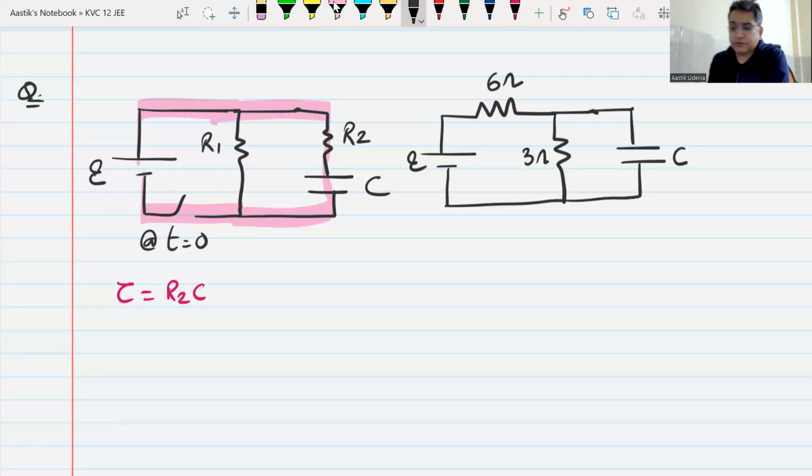I've just shifted one resistance from here to here and given you the values, nothing else.